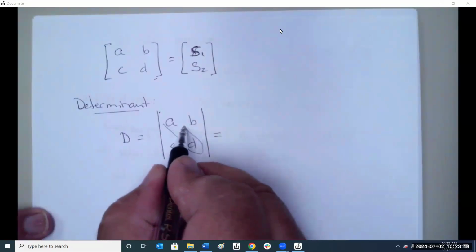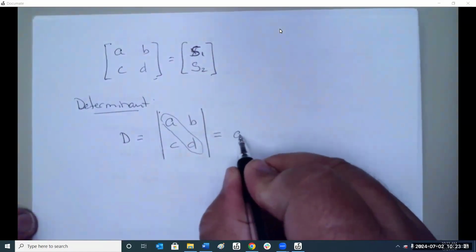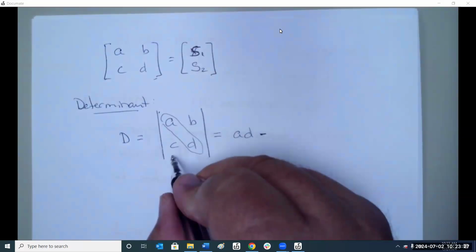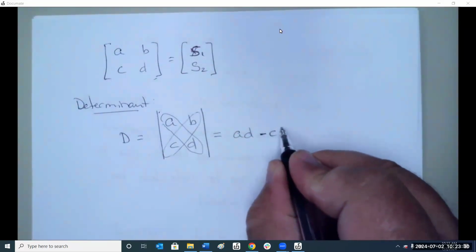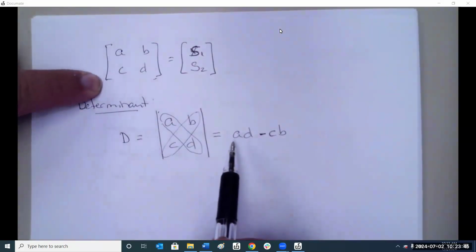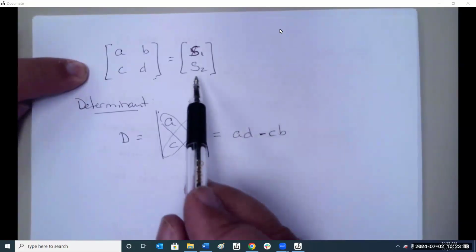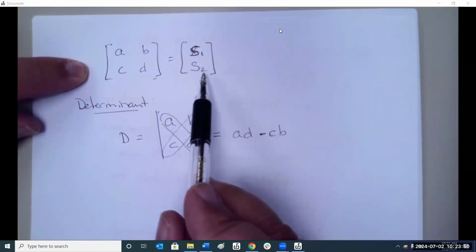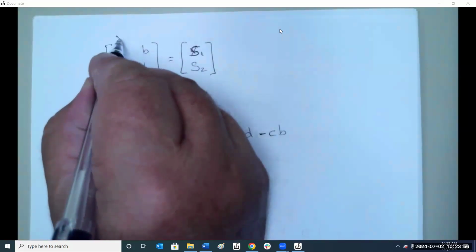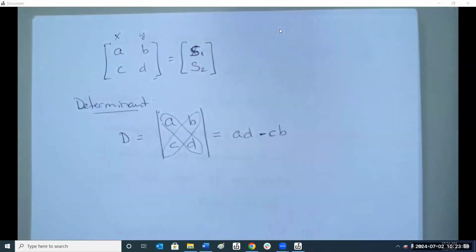We multiply this diagonal, so we have A times D. We subtract this diagonal. That is your determinant. So far, so good. So this is of the original equation. Notice we haven't used the solutions yet. Those have to play a part. So this is the x component, and that's the y variables.